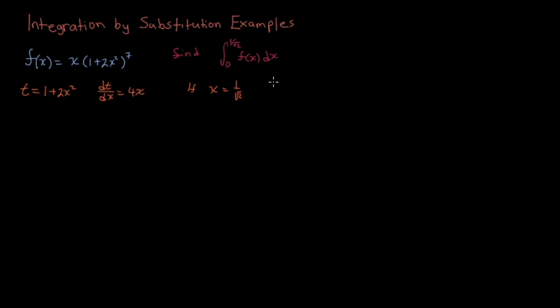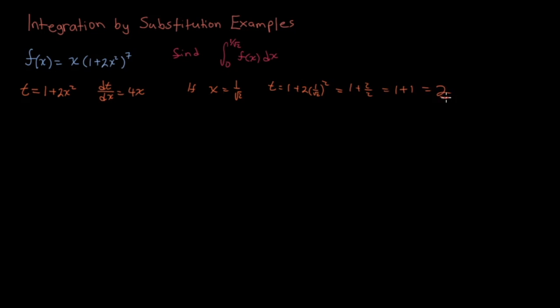Well, t is going to be equal to 1 plus 2 times (1 over root 2) squared, and that gives us 1 plus 2 over 2, which is just 1 plus 1, which is 2.